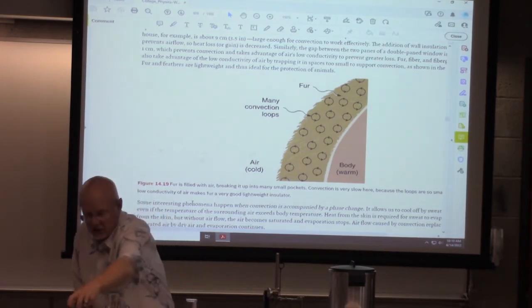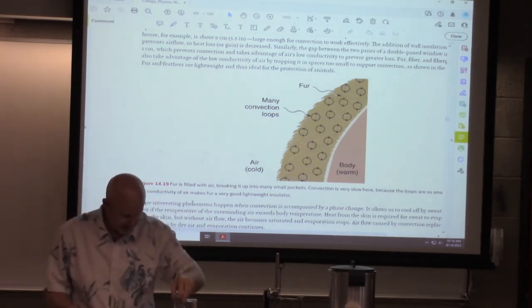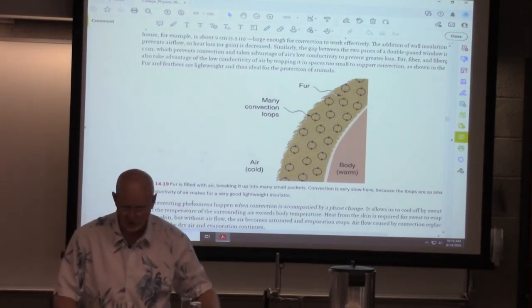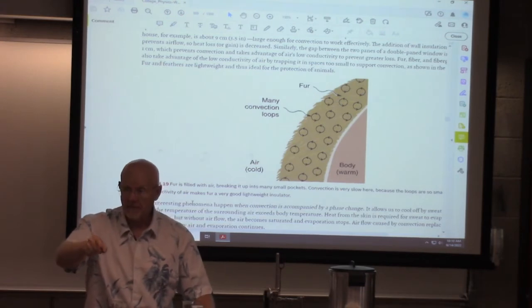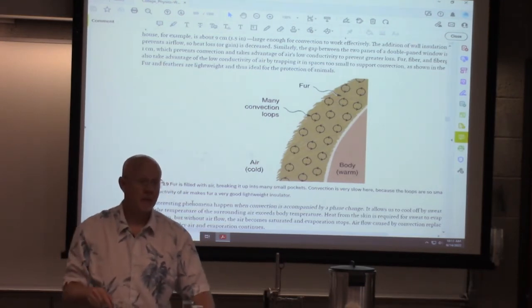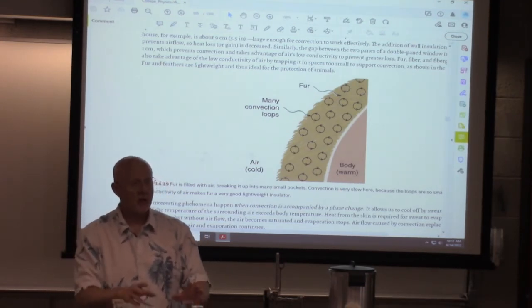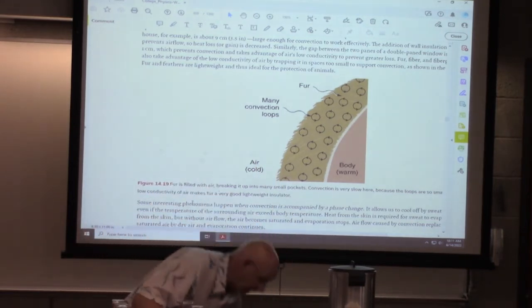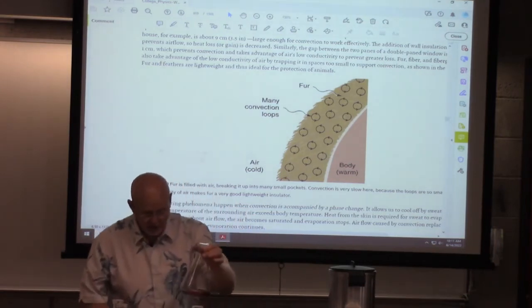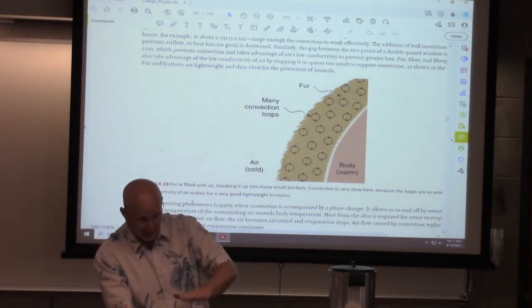I want you to see an important difference in the rate that energy transfers when you have hot on top versus hot on the bottom. And so let me start with the kind of the boring one. I'll call it the hot on top. So this will be my hot water, this will be my cold water. I'll put this on top.